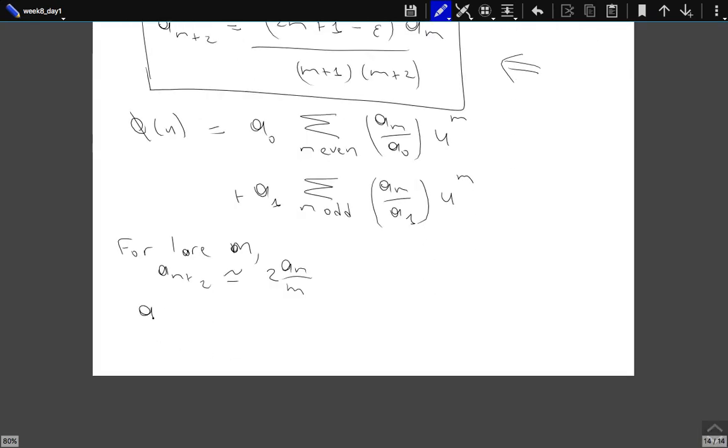Now, a of 2n, this is even m, will be approximately, let me write it in this form first, 2 over 2n times a of 2n minus 2.